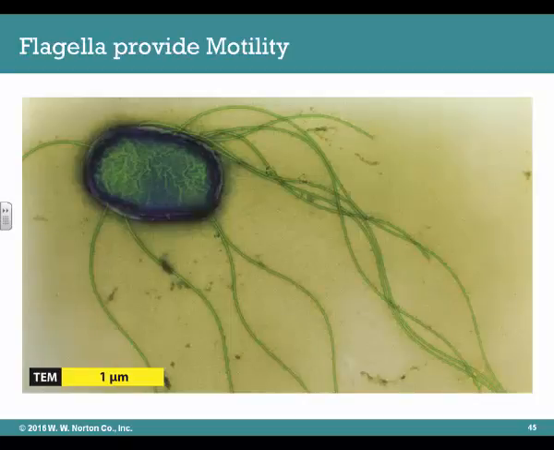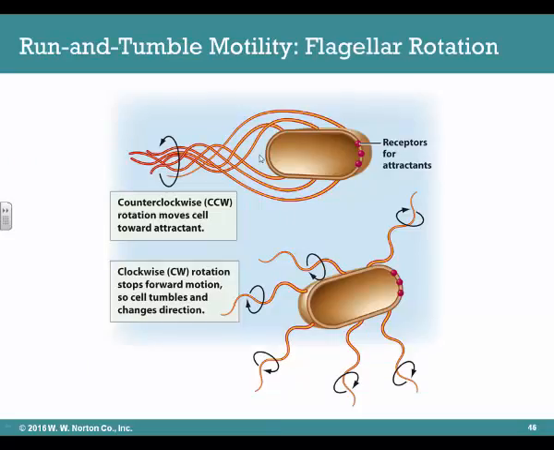So here's a transmission electron micrograph, and you can see that there are several appendages protruding from the cell, and those are flagella that coat the entire surface of the cell, similar to what you would see with Proteus species. And just as I mentioned before, the run and tumble motility is what the flagella will mediate because of their rotational movement.